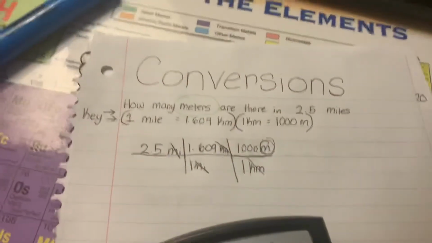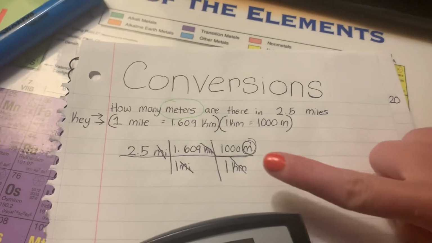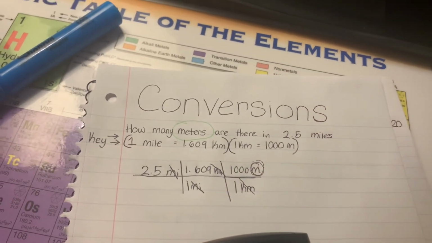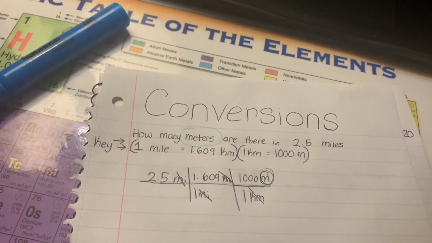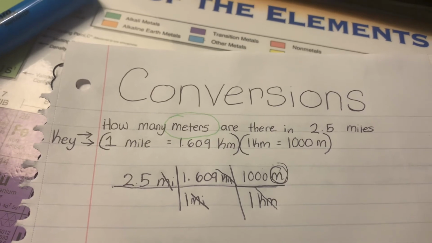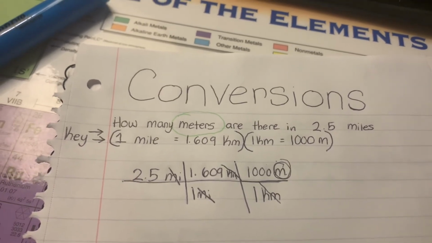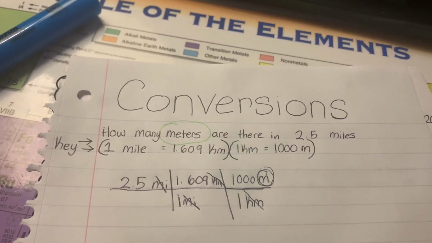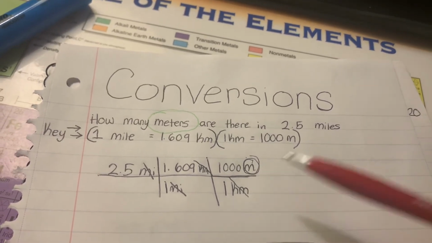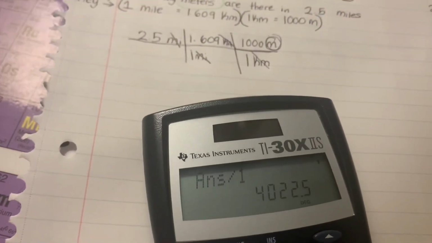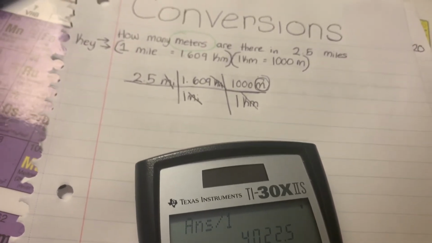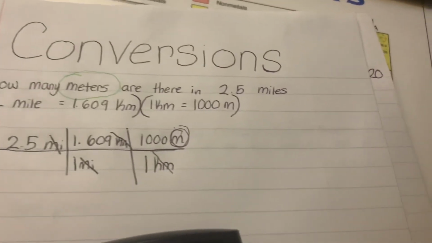And once again, once everything is canceled out and you have the unit that you want in the end answer, you are multiplying everything on the top by each other one at a time. So 2.5 times 1.609 times 1,000 divided by the common number on the bottom, which gives you an answer of 4,022.5.